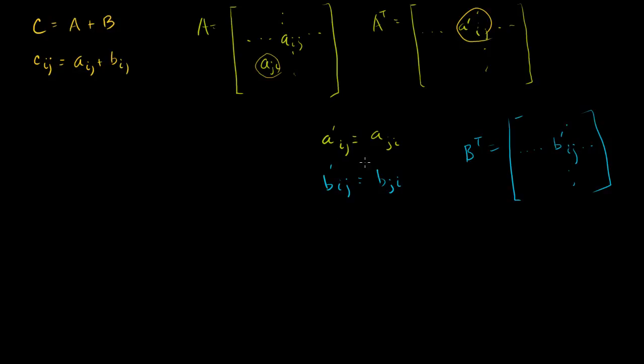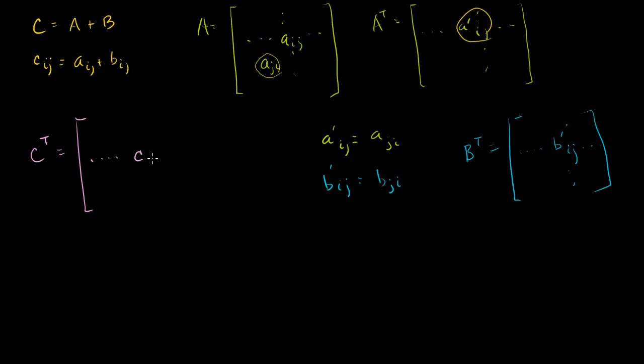So we already have what Cij is equal to. What's the transpose of C going to be equal to? Let me write that down. So C transpose, let me write it over here, I'll use the same notation. The prime means that we're taking entries in the transpose.